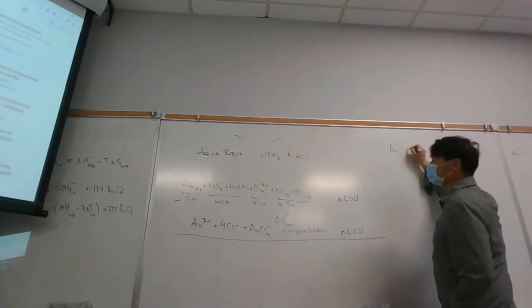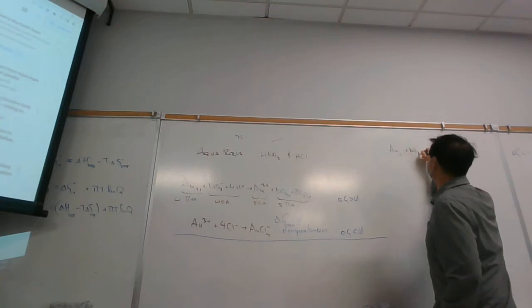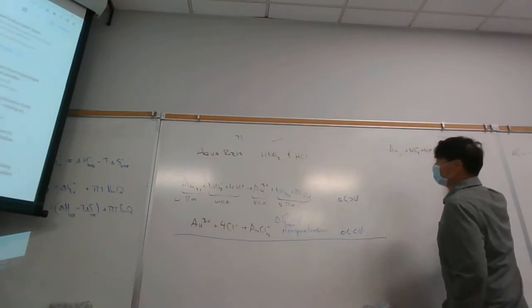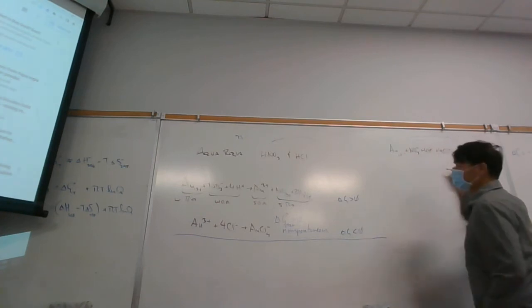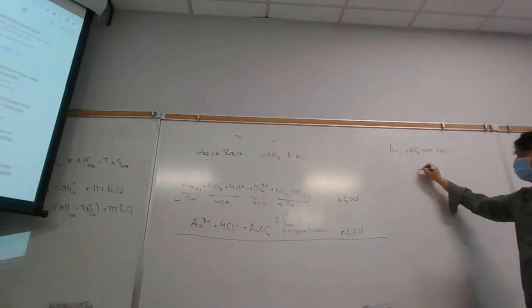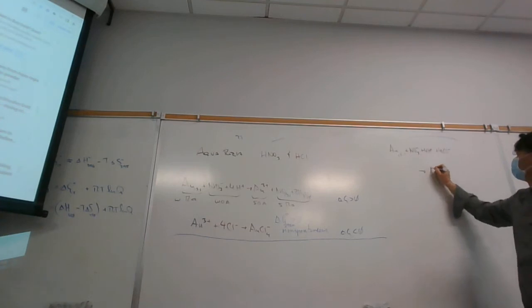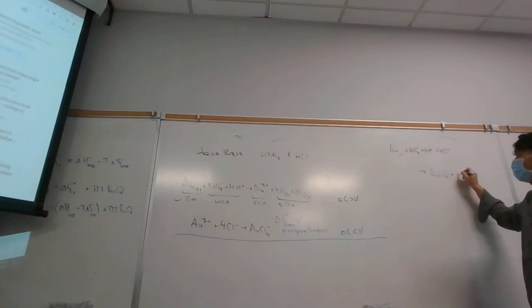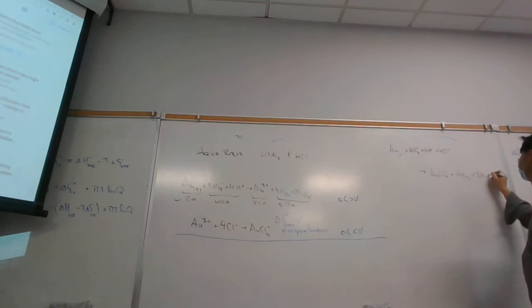And so we'll have gold solid plus nitrate plus 4 H+ plus 4 chlorides produces this tetrachloroaurate complex plus NO gas plus 2 H2O liquid.